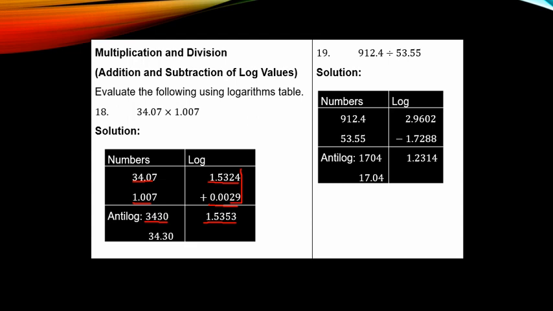Now the next thing is to insert the decimal point. To insert the point, this characteristic part of 1, you add 1 to it. If you add 1 to 1, it becomes 2. So from the left, you move 2 steps forward. That is 1, 2. So the point is here. So you have 34.30.